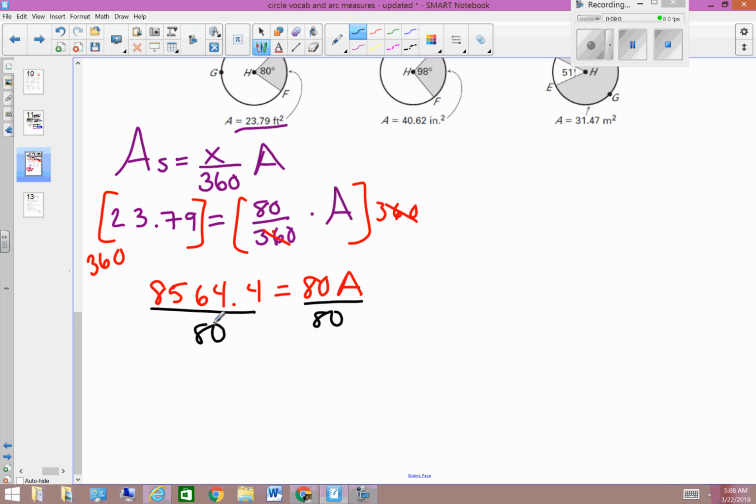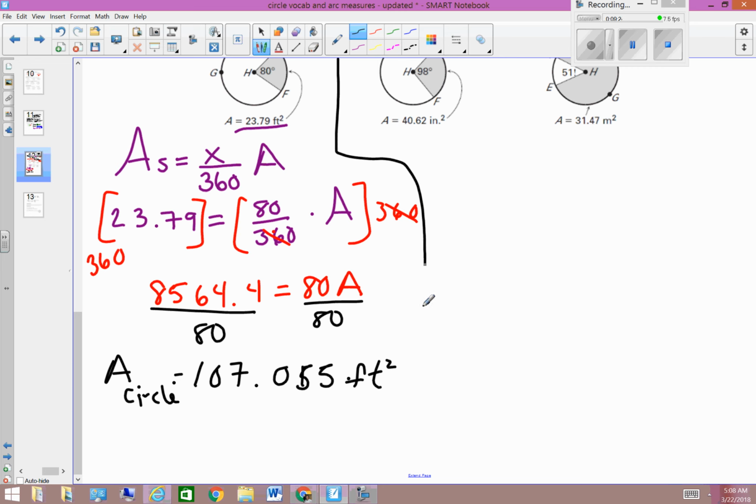And I get the area of the whole circle. So the whole circle is 107.055 feet squared equals the area of the circle. And that's how you do a problem like that.